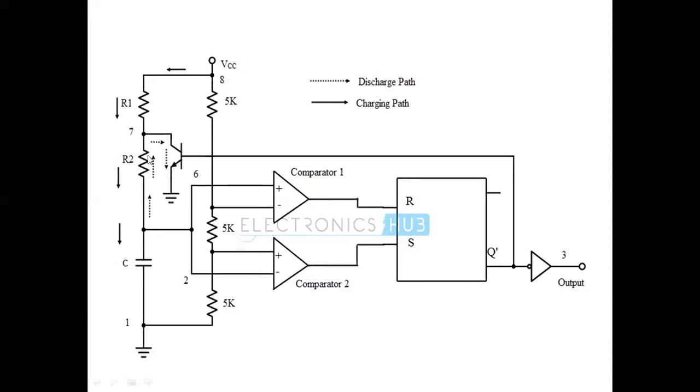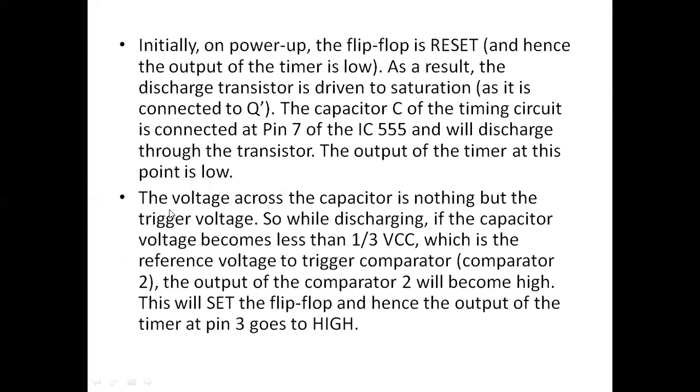While discharging, the voltage across the capacitor is nothing but the trigger voltage. If the capacitor voltage becomes less than 1/3 VCC, which is the reference voltage to the trigger comparator 2, the output of the comparator becomes high. This will set the flip-flop and hence the output of the timer, pin 3, goes high.